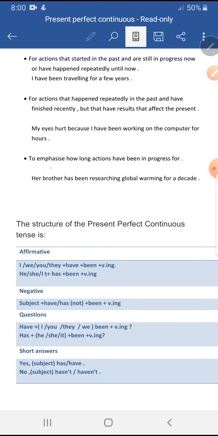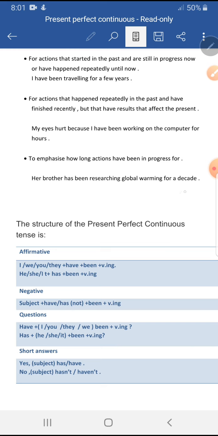Number three, to emphasize how long actions have been in progress for. لما أنا بدي أركز على how long قديش مدة الإشي اللي صار عندي. For example, her brother has been researching global warming for a decade.